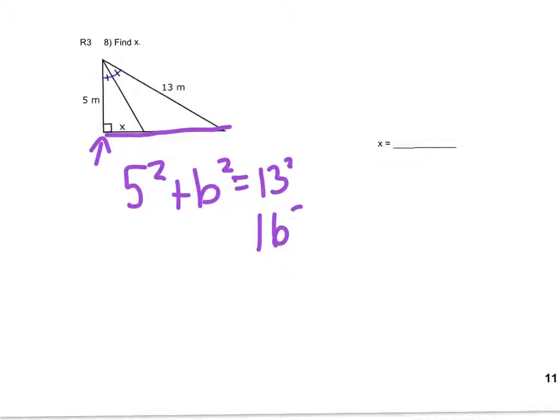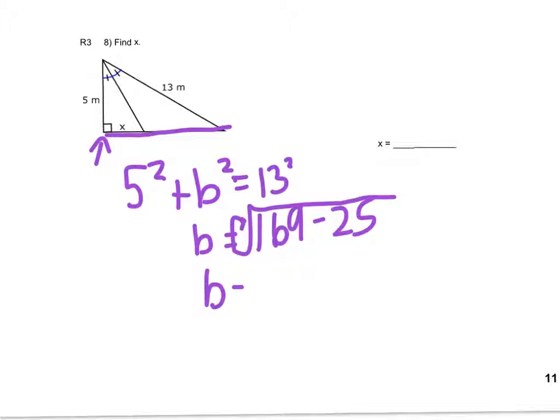This is 169. I'm going to subtract 25. That'll still give me b squared. So if I take the square root of that, b equals the square root of 144, meaning I know that this side from here to here is 12.